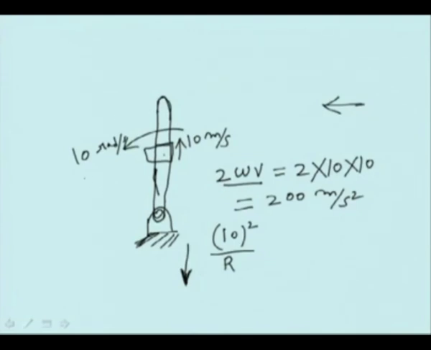If the tangential acceleration is provided, say 2 radian per second square, then it will be in this direction with magnitude alpha times r, that is 2 radian per second square multiplied by the distance. Like that, you can solve a number of problems using the equations developed here.